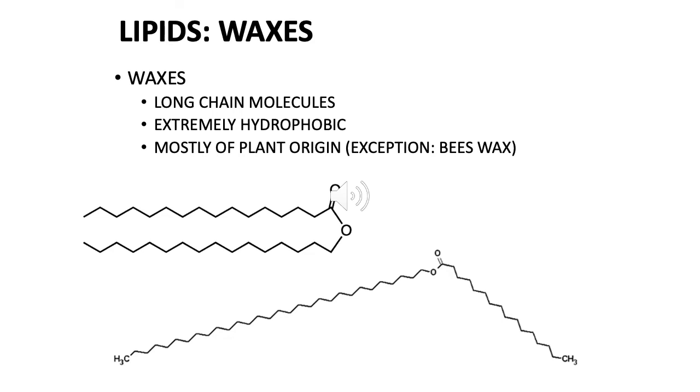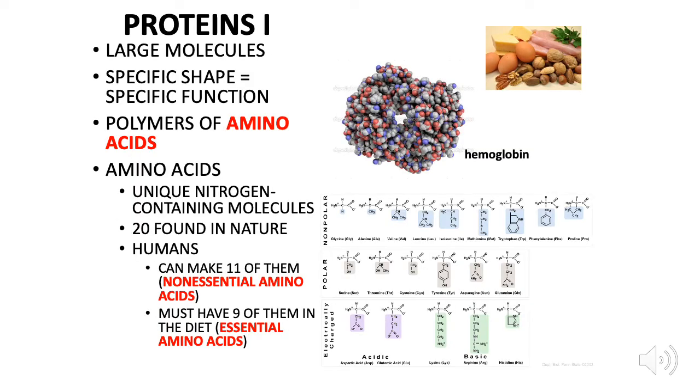Now we're going to turn our attention to our third class of organic compounds, and that will be proteins. And proteins definitely are polymers. They are arguably the most important class of organic compounds, as we'll see in a minute. This brings us to the portion of the presentation that deals with proteins.